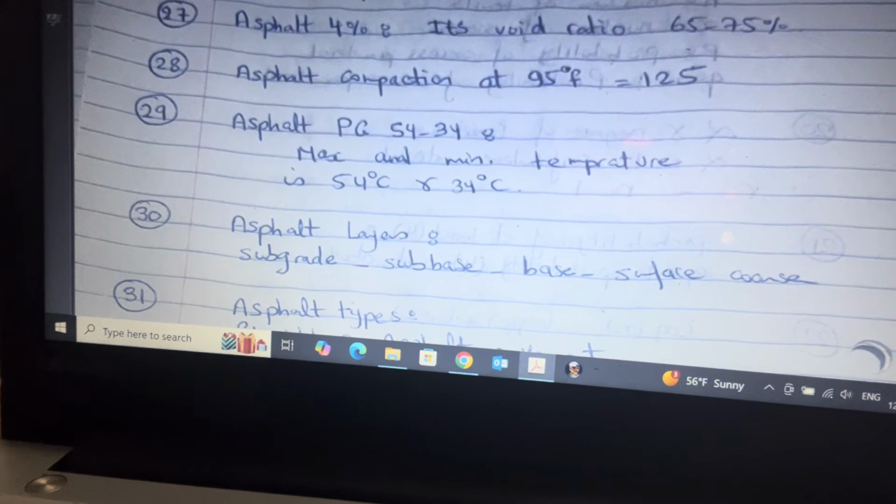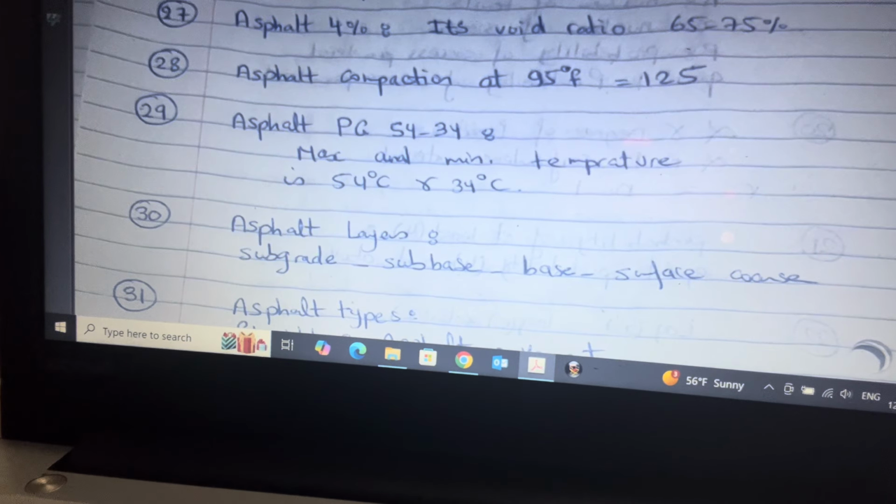Okay, asphalt PG 54-34, what does that mean? It's the asphalt performance grade. It means that its maximum temperature is 54 degrees centigrade, and its minimum temperature is negative 34 degrees centigrade.